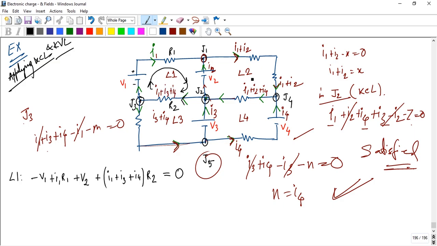Now loop 2, same clockwise direction we choose. In loop 2, starting from here, suppose this resistance is R3.